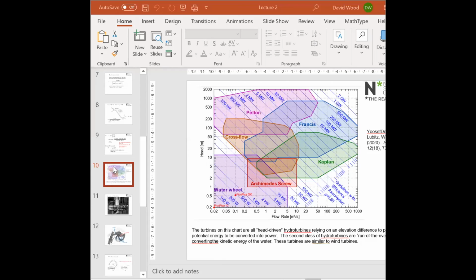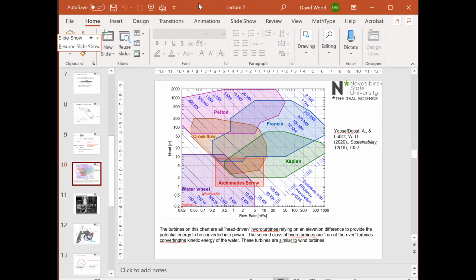It's really the middle of this chart. The Kaplan, Francis, and Crossflows are suitable. Yes, if I was drawing this chart, I would actually move the Crossflow down to the bottom left-hand corner.